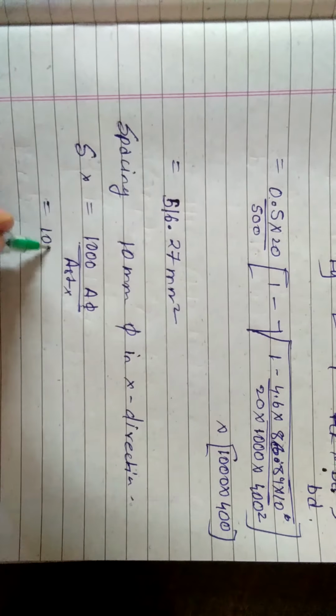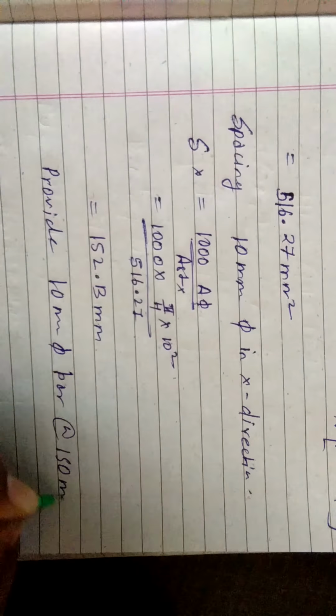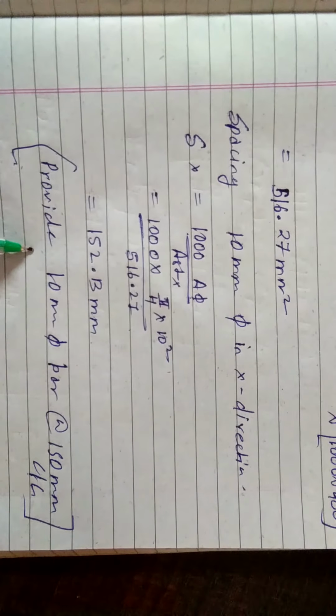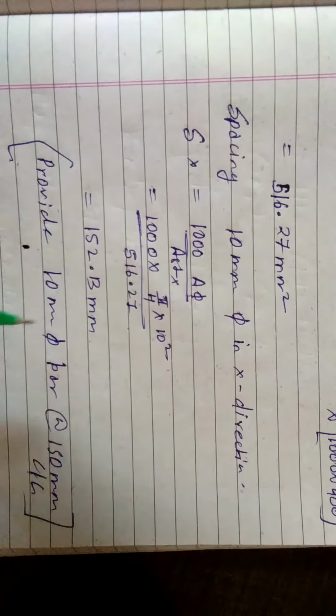So provide 10 mm diameter bar at 150 mm center to center. Here the design of footing with respect to X direction is completed.